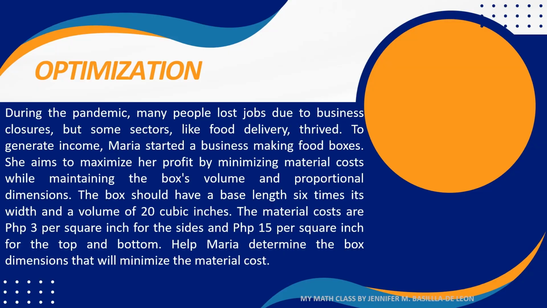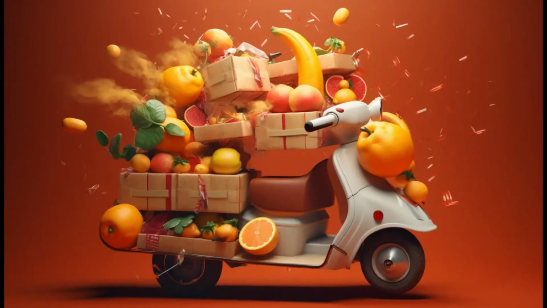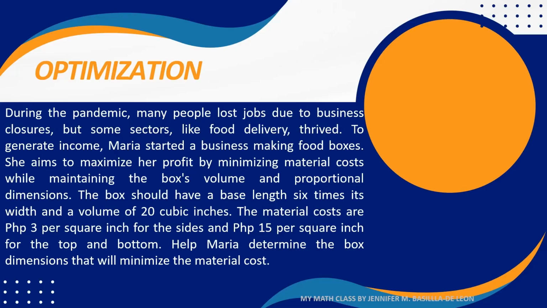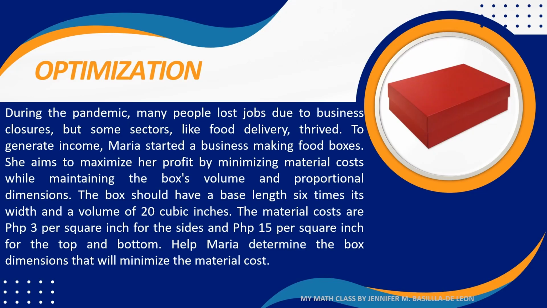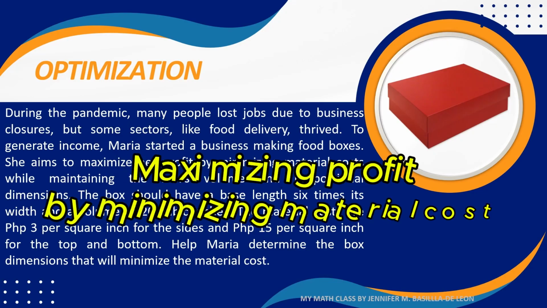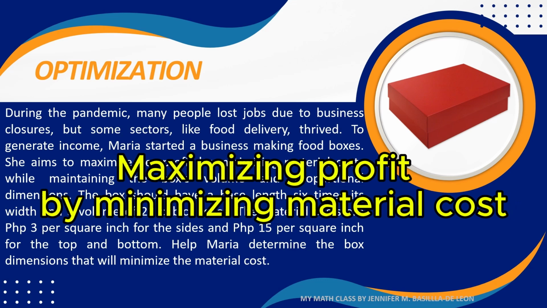During the pandemic, many people lost jobs due to business closures, but some sectors like food delivery thrived to generate income. Maria started a business making food boxes. She aims to maximize her profit by minimizing material costs while keeping the box's volume and proportional dimensions constant.